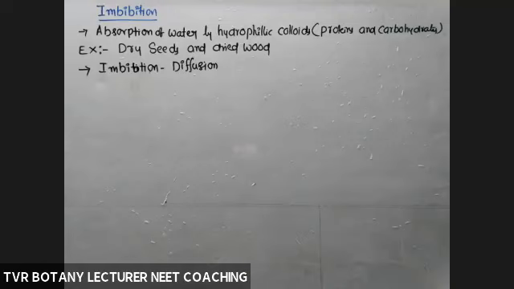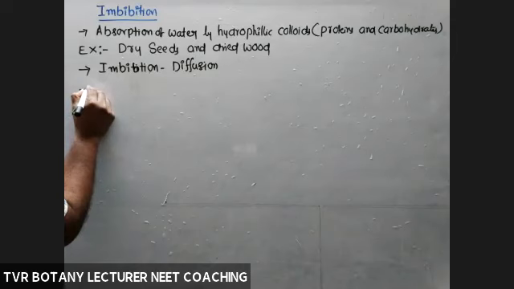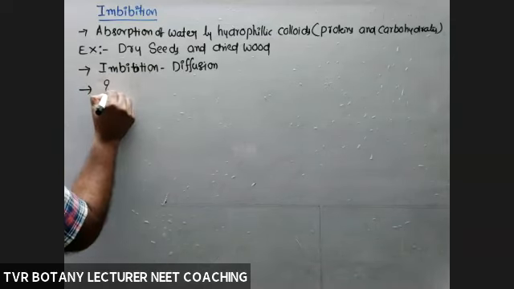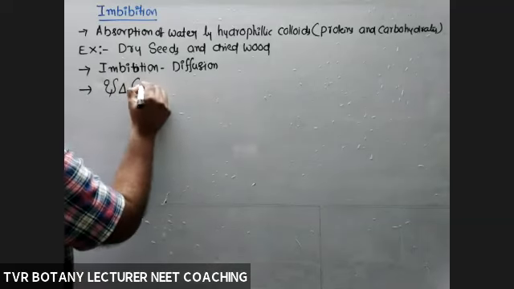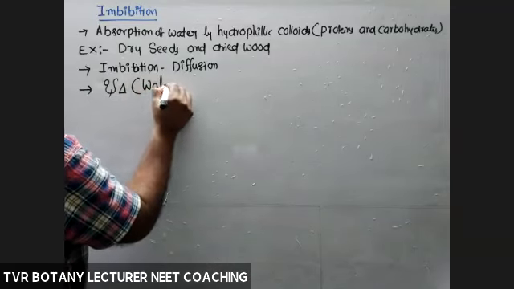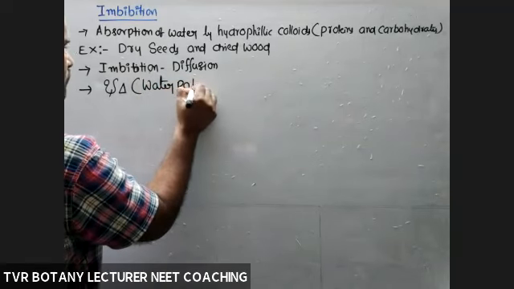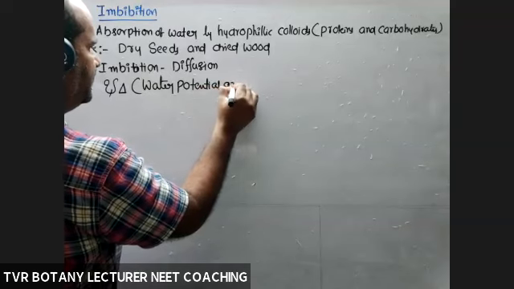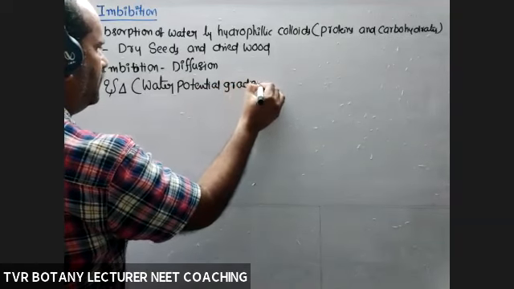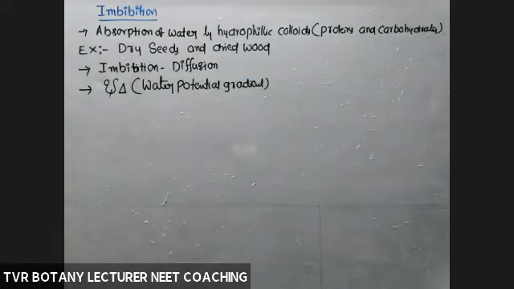If it is through the dead, non-living regions, without aquaporins, it is simple diffusion. Overall, it is a diffusion. So here, what is the driving force? One, a water potential gradient is required. Okay, more water, less water difference is required.